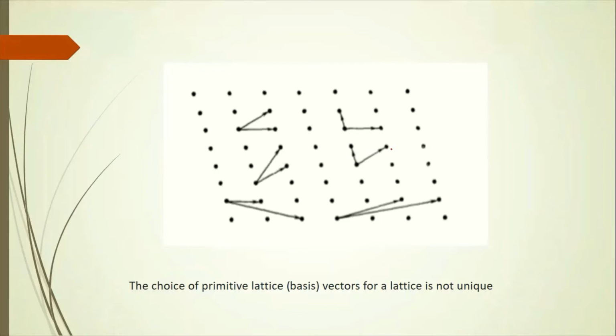So we can also choose various combinations from this pattern of lattice vectors, because these are the six primitive lattice vectors. We can get any point of the lattice by a combination of these.